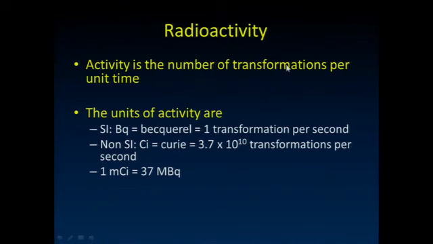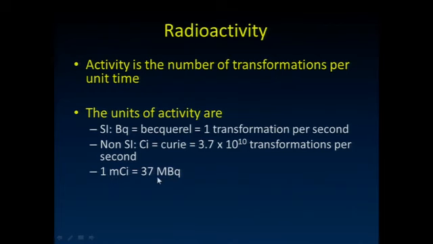Activity is the number of transformations that occur per unit time, and there are a couple of different units for that activity. The System International unit is the becquerel. It's 1 transformation per second, and the non-SI unit is the Curie, 3.7 times 10 to the 10th transformations per second. So 1 millicurie equals 37 megabecquerels.